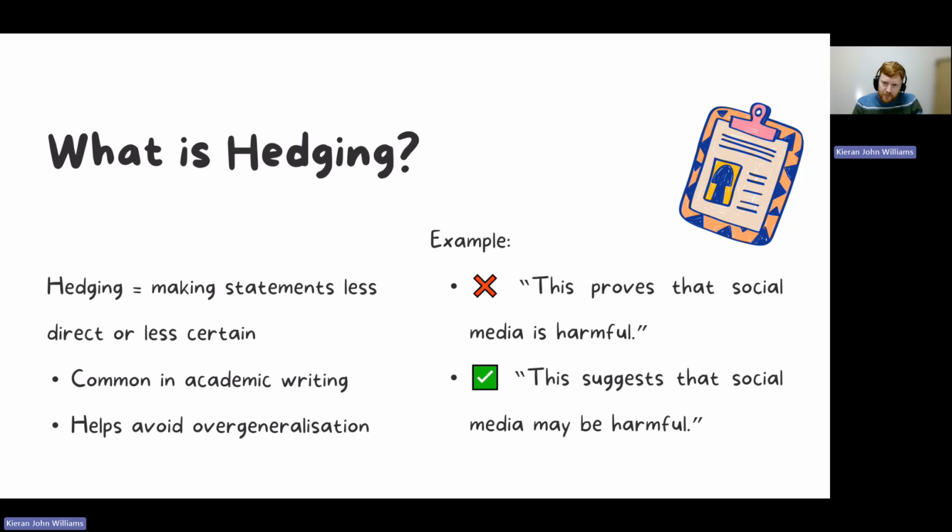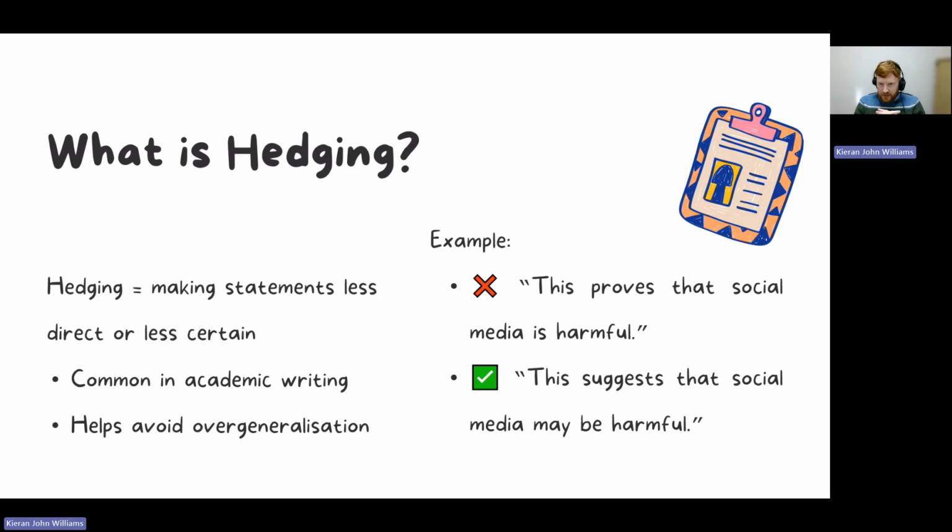So, for example, instead of saying this proves that social media is harmful, we would say that this suggests that social media may be harmful. Okay, so you're always leaving it open to interpretation, open to further discussion.